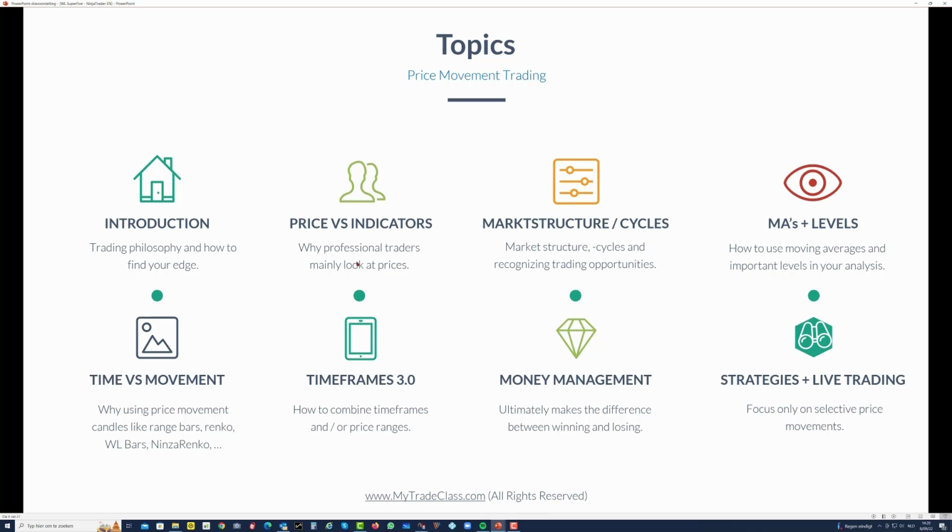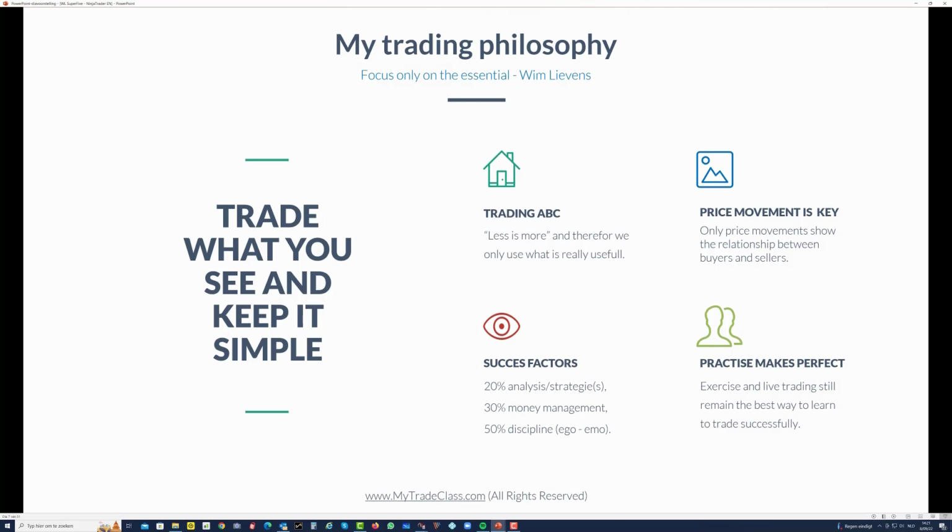How can I use this on a day-to-day basis? And everything I do, everything I've always done, and especially in trading, I have used things that worked for me. And you see a large part of that incorporated in the tool. So my trading philosophy in a nutshell is to focus only on the essential.